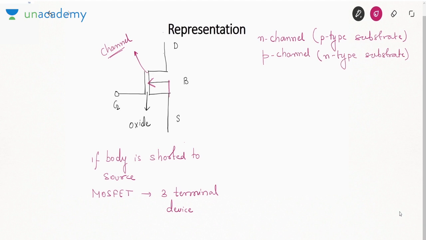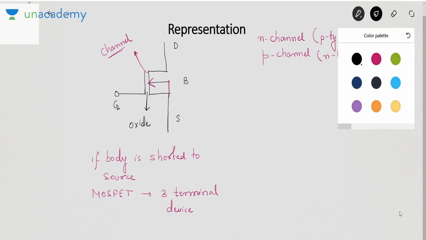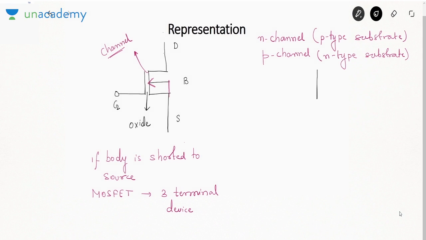We know that the current should leave the N-type material. So when we draw a P-channel type of MOSFET, this is gate, drain, source, the P-channel type of MOSFET will be like this. This is body. Okay. So the arrow will be coming out because in P-channel the body is N-type. So current leaves the body. In N-channel the current enters the body because it is P-type.